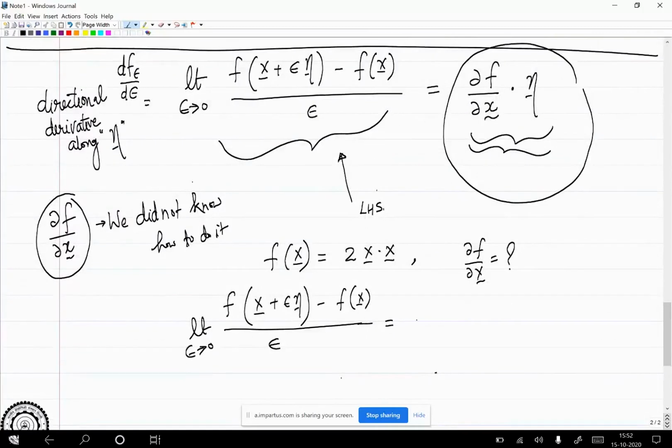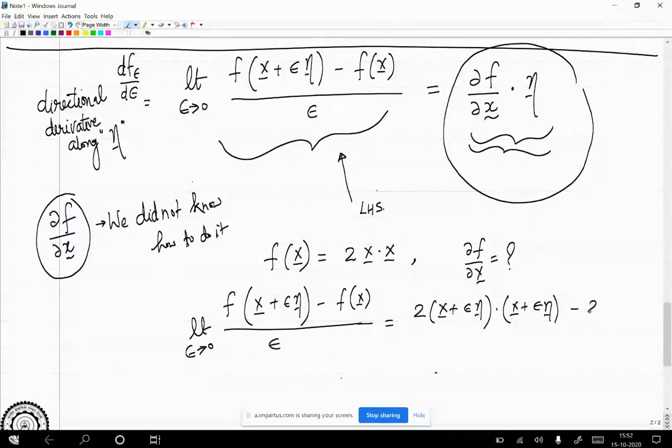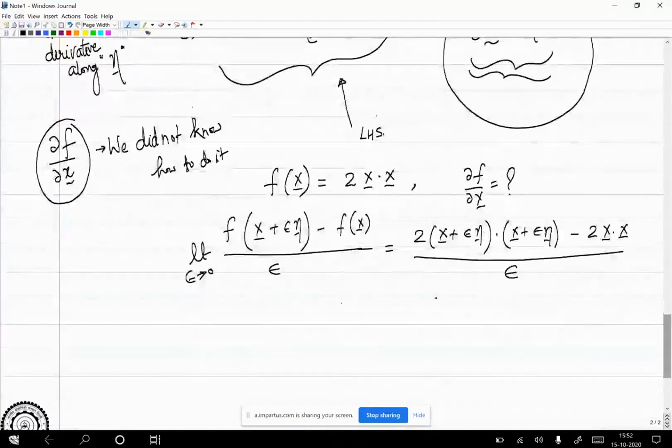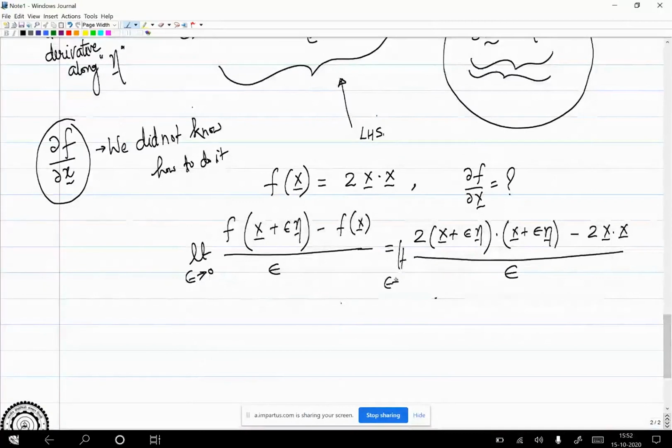So this is equal to 2 times x plus epsilon eta dot with x plus epsilon eta, minus 2 times x dot x, divided by epsilon. Okay, and in this we take the limit epsilon going to 0.